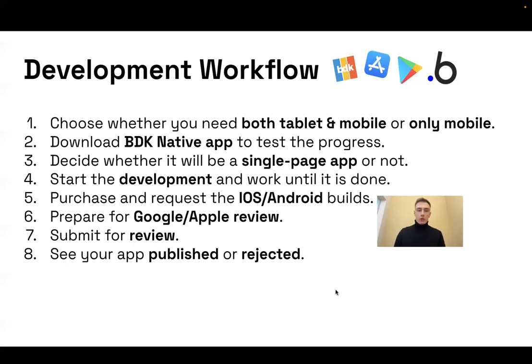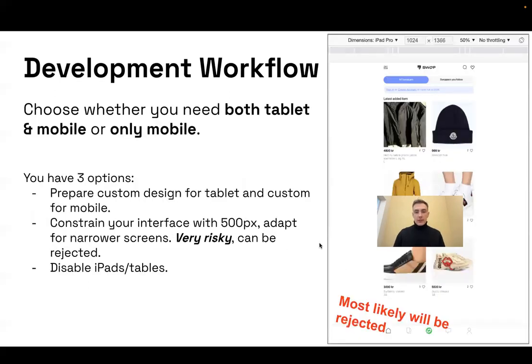So right now we will go through each step in detail. The first step. As I said, you can create an app that would be accessible on iPads and iPhones, but you can do that only for iPhones. So if an iPad user goes to the App Store and searches for your app, he doesn't see it, or he sees it but can't download it.